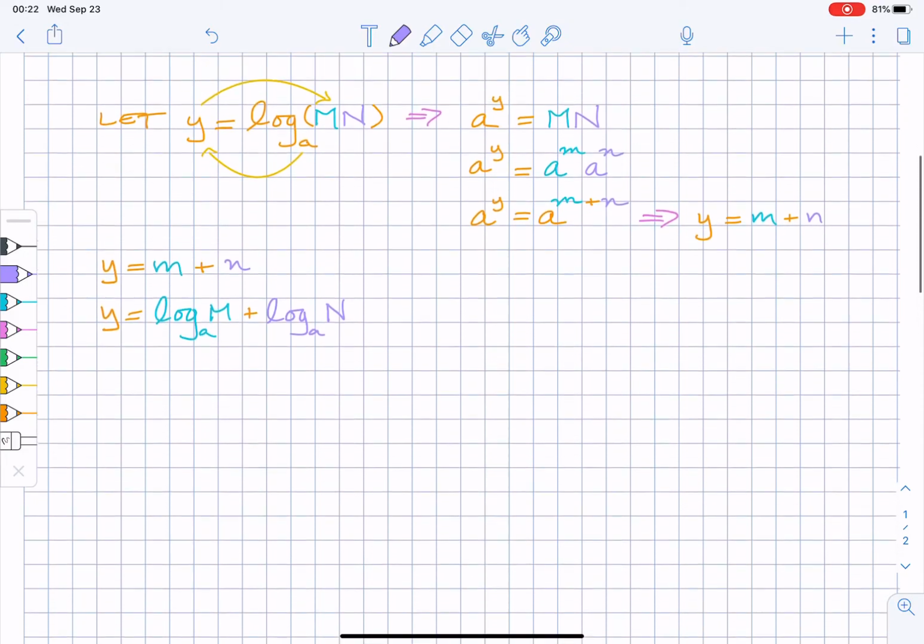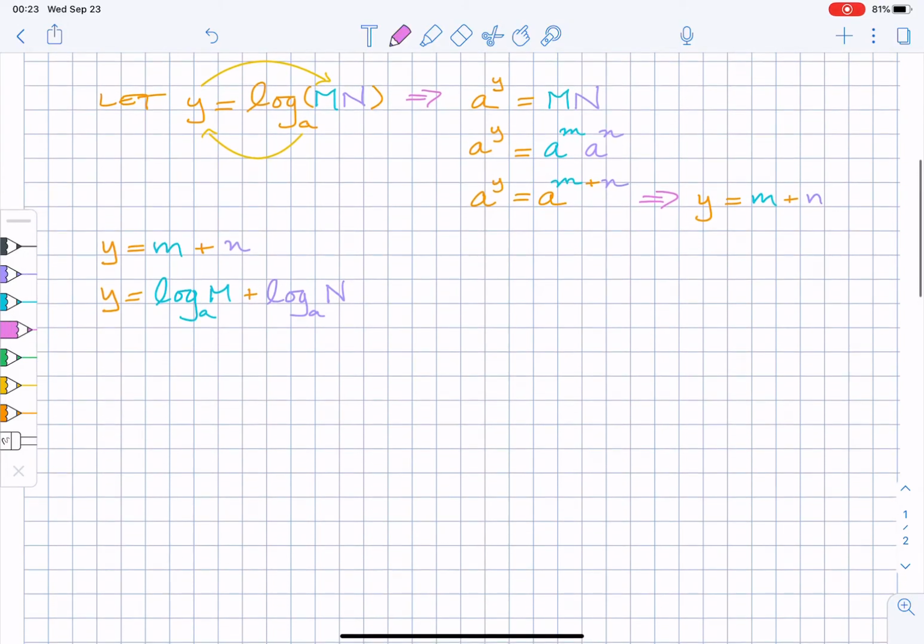It was log base a of M times N. So therefore, I get that log base a of the product M times N is going to be log base a of M plus log base a of N, and this is known as the product rule.